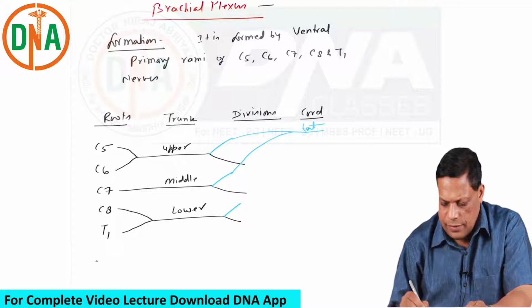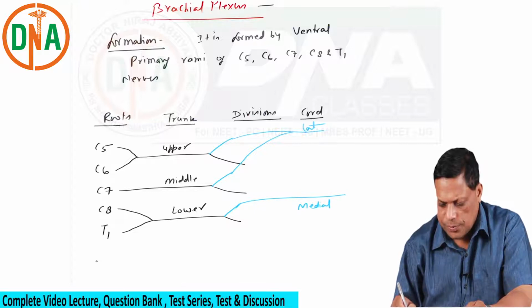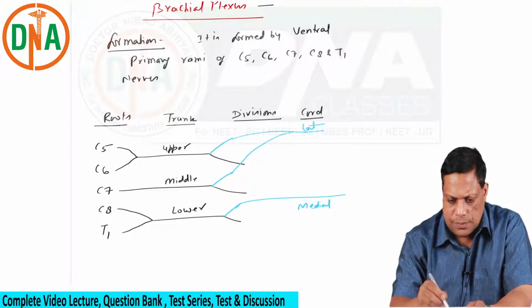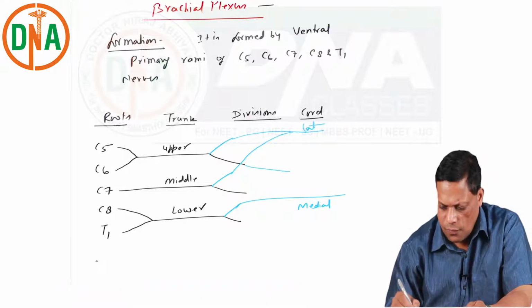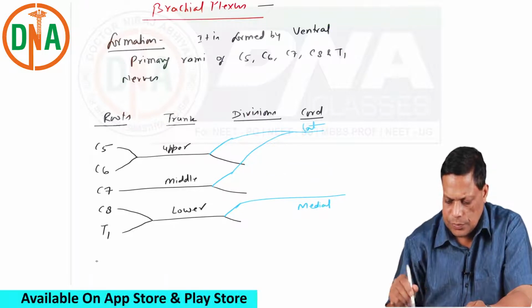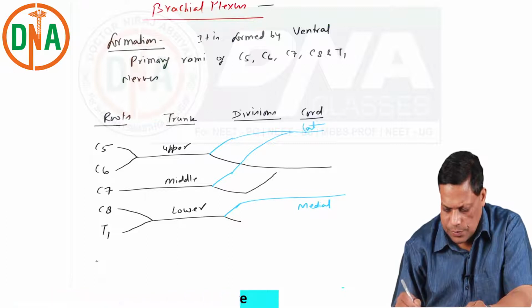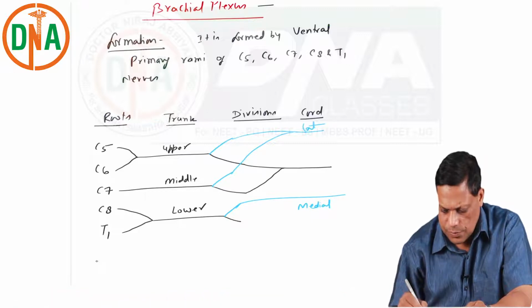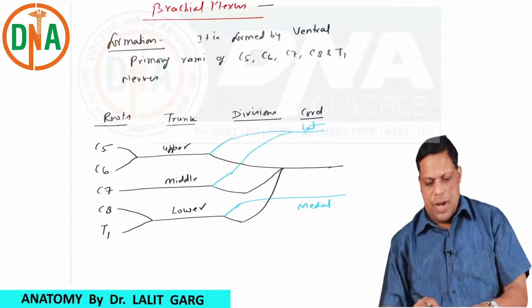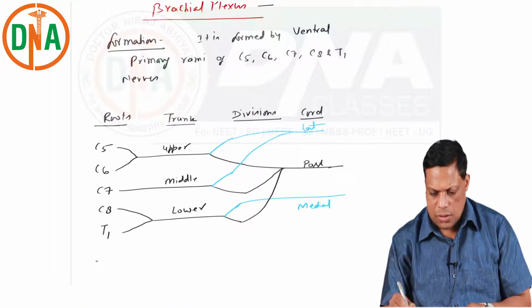The anterior division of the lower trunk remains alone and forms the medial cord. The posterior divisions of all the trunks unite to form the posterior cord.